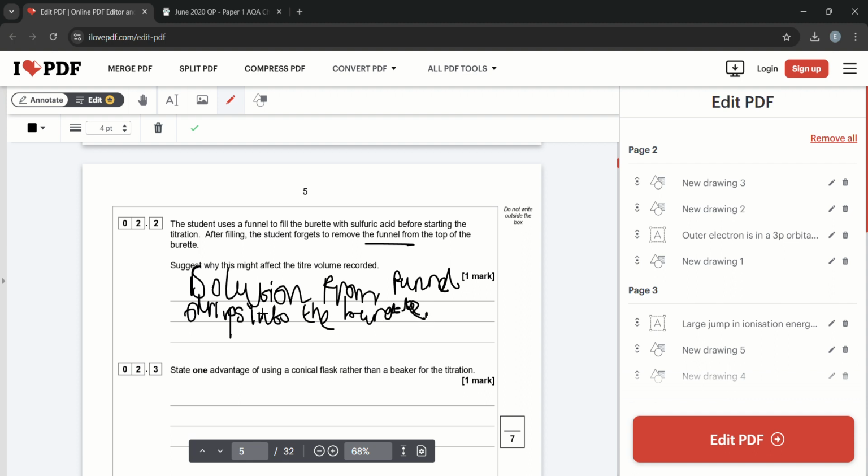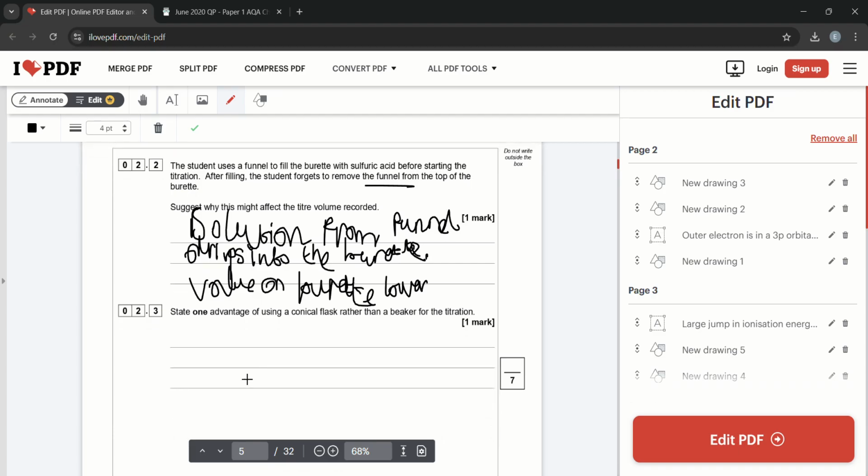Therefore we're going to have additional drops of solution that could have entered the burette from the funnel. Therefore the value on the burette is going to be lower. So solution from funnel drips into the burette, therefore volume in the burette should be lower.